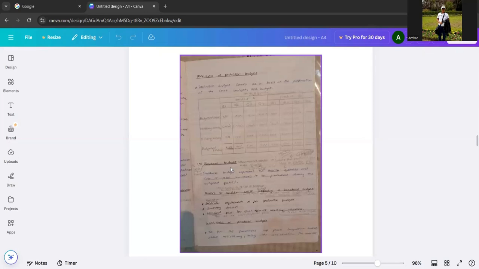So how much quantity of raw materials we need to buy, for example how much cotton we need to buy to produce t-shirts, how much sugar we need to buy to make Coca-Cola, and the cost of each of those raw materials. They will represent all those values in the purchase budget during the budgeted period. That is purchase budget.